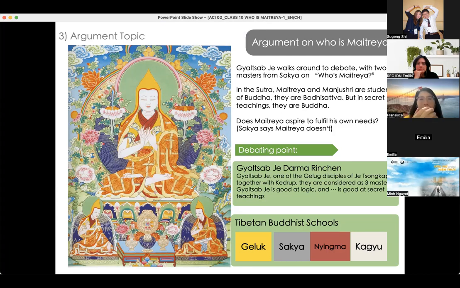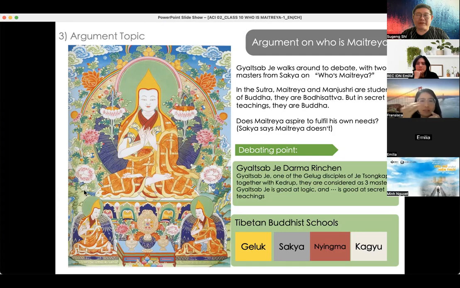Okay, in the sutra, right? Or basically we say, okay, Gyaltsabje, this is the Tanka picture of Je Tsongkhapa. Je Tsongkhapa is the main master in our lineage. Of course, we can trace Je Tsongkhapa's lineage to Lord Buddha himself, Buddha Gautama.